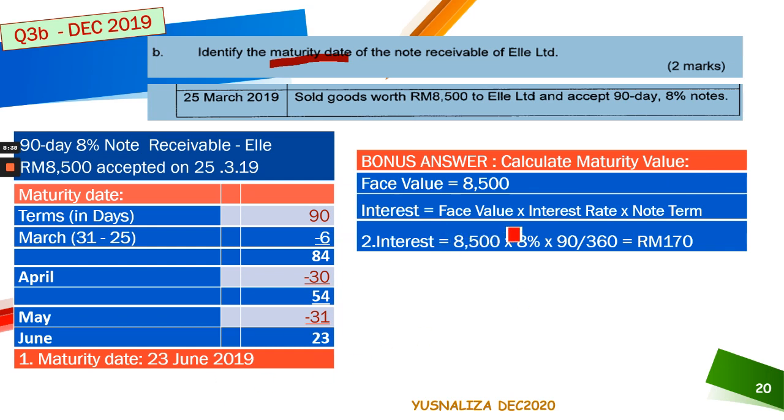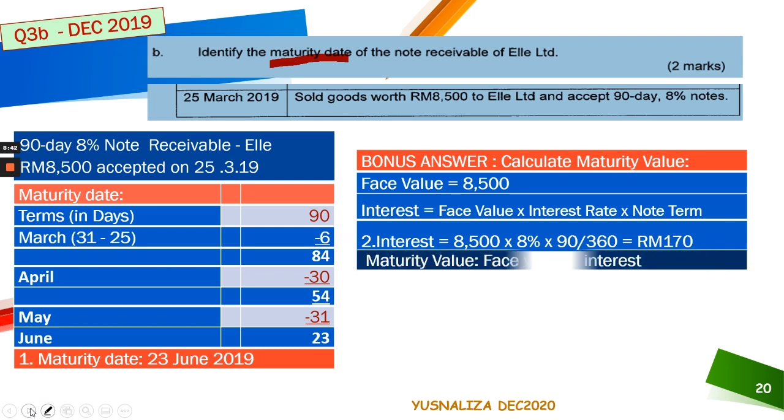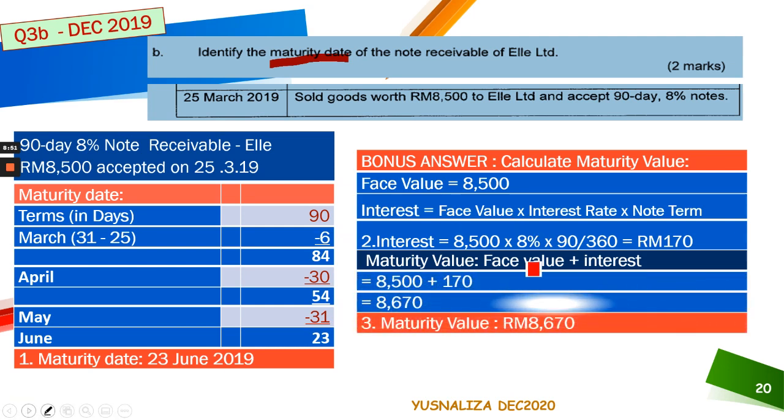So you get the interest first. It was 170. Then add the face value plus the interest to get the maturity value: 8,500 plus 170, 8,670, in case that is asked, or if you are interested to know what the maturity value is.